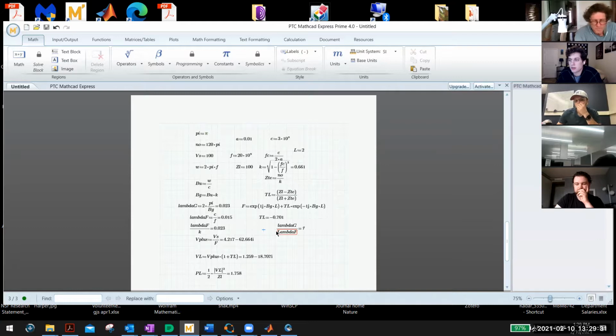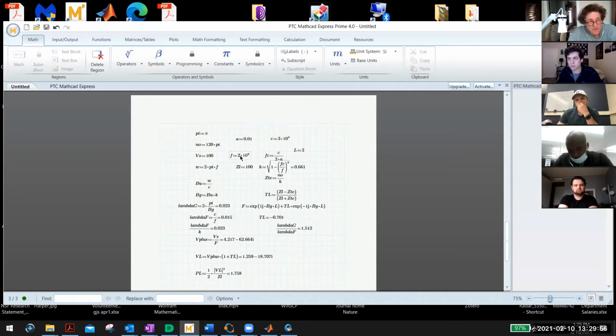The lambda on the bottom needs to be a lowercase l. So if you take the free space wavelength and multiply it by 1.512, you get the actual lambda in the guide. And as the frequency of operation gets lower and lower, let's put it around 15.03, you're just barely over the cutoff frequency.